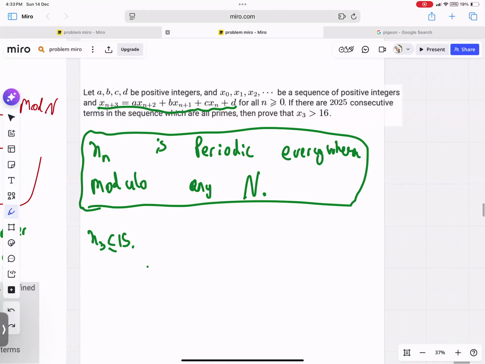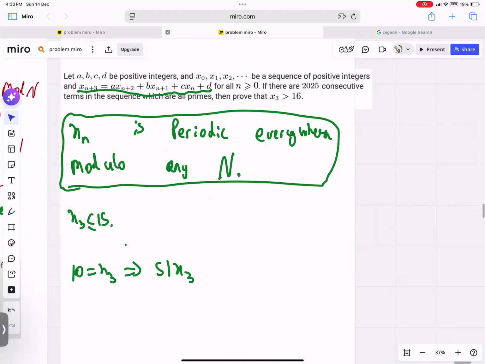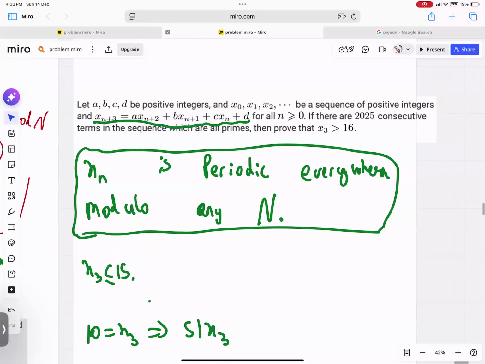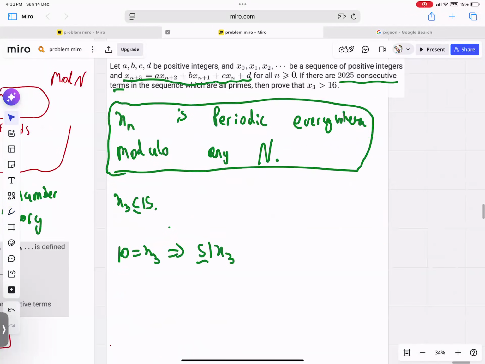So intuitively, we want to say that if, say, 10 is equal to x3, so 5 divides x3, then because of this periodicness, one of these 2025 consecutive terms is divisible by 5, by considering this periodic everywhere mod n, which we're taking to be mod 5. So do you all see how to do this?